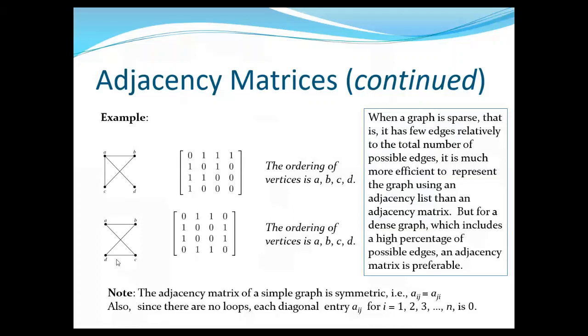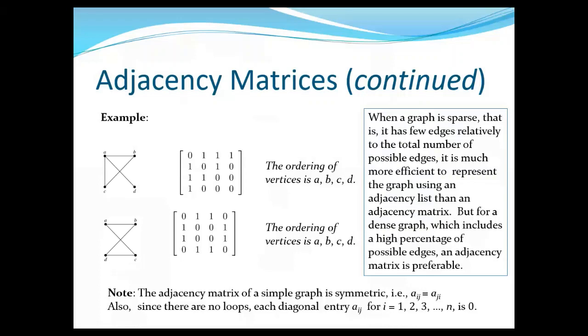And last, for D, there's no connection between A and D, so this is 0. There's no loop, 0, but it is connected with the other vertices, B and C, so this is 1, 1. So those are adjacency matrices.